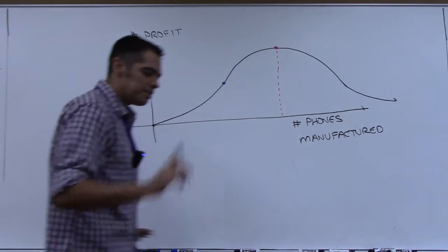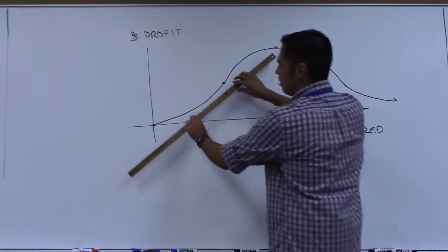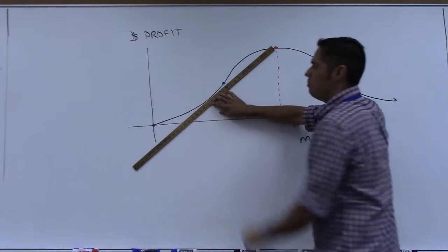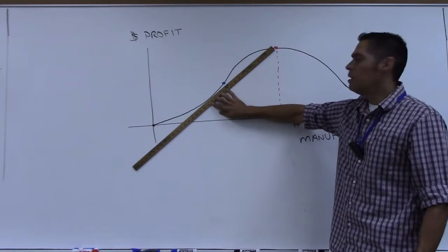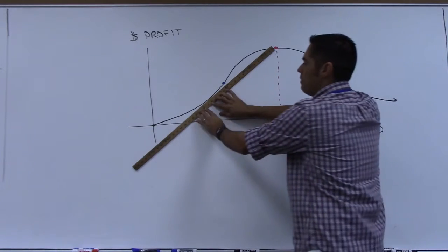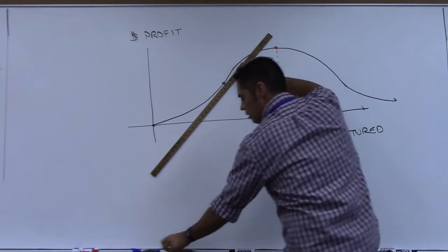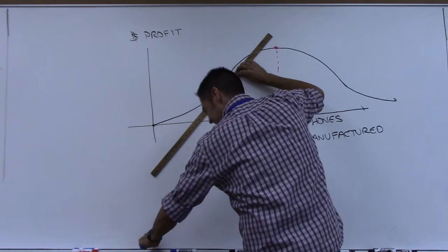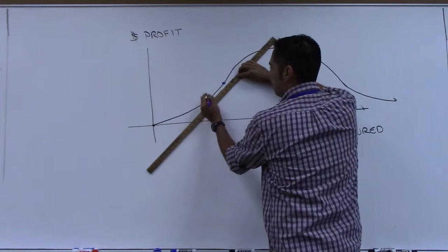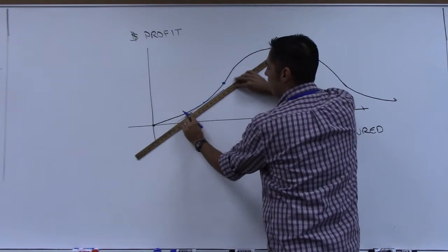Now, why is this point important in a business model? Let's look at my slope of my tangent line here. It's positive, isn't it? And it's steep, right? It's not too flat. If I go to the point right here, I moved over just a little bit. Here, slope of my tangent line is something like that.